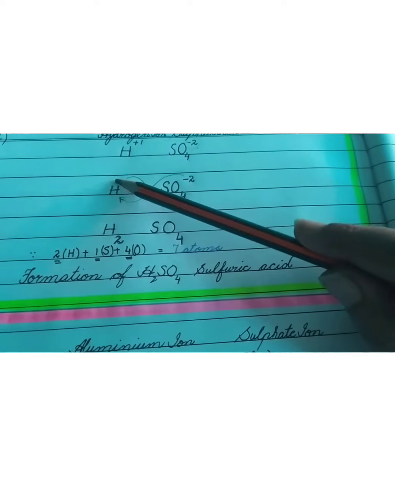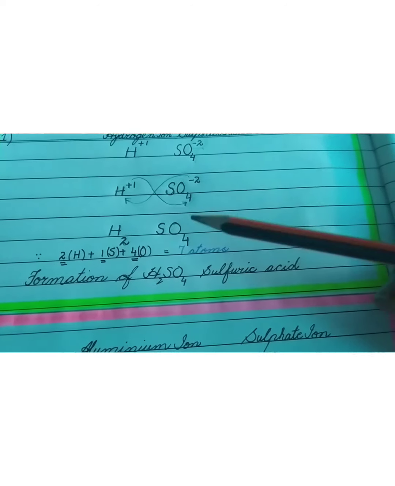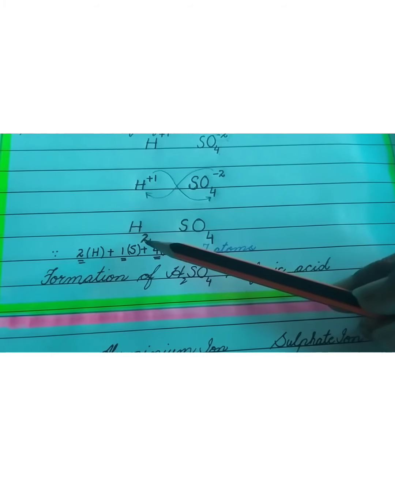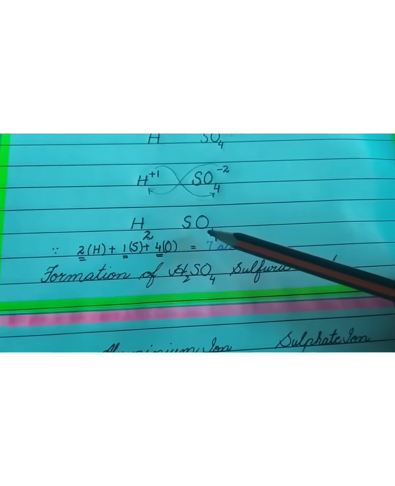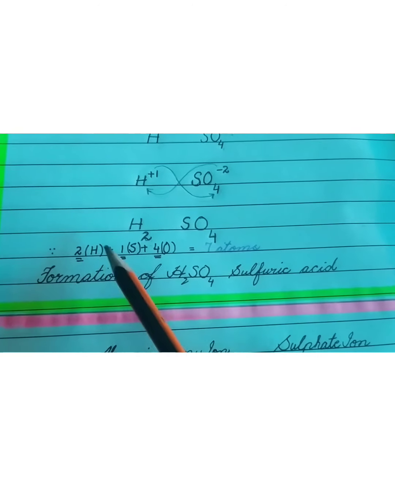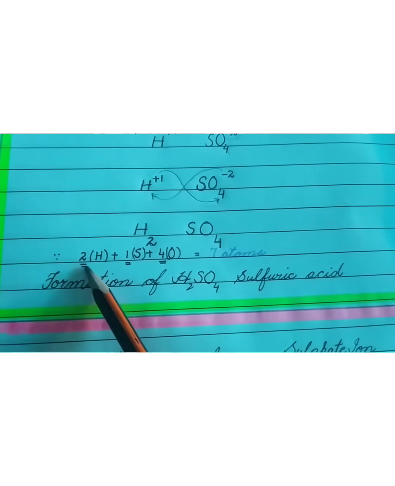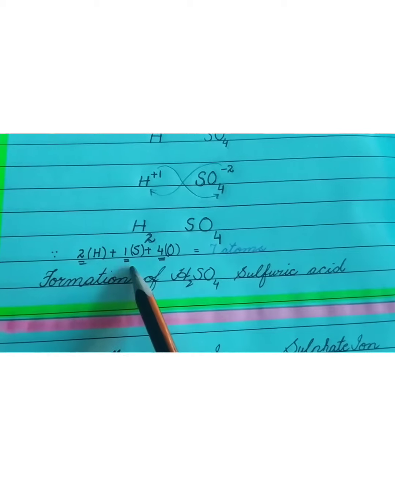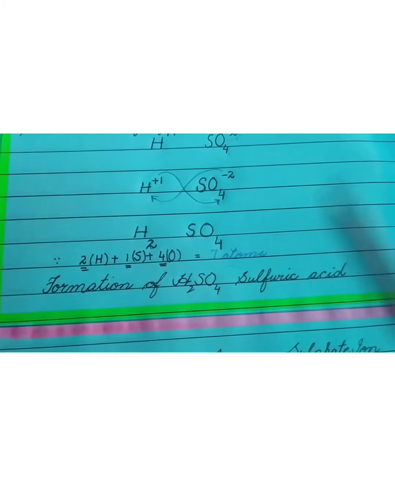As we never mention 1, the formula of sulfuric acid becomes H2SO4. Now, total number of atoms in sulfuric acid: 2 hydrogen atoms, 1 sulfur atom, 4 oxygen atoms. Total 2 plus 1 plus 4, 7 atoms are present in sulfuric acid.